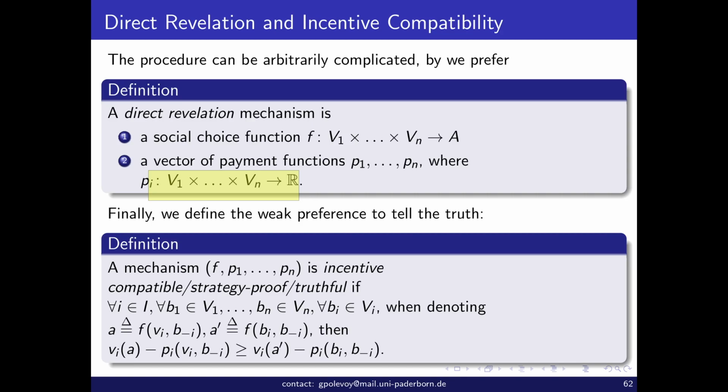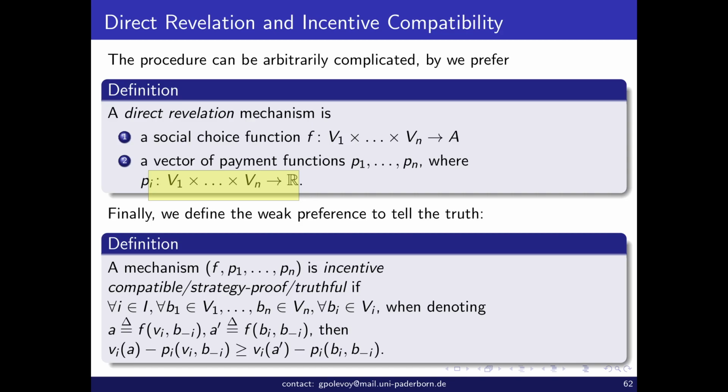Basically, the intuition is that if you can implement something with any weird mechanism, then you can just implement that with the value function, simply by first taking those value functions, then simulating how the players would play the mechanism using those value functions.